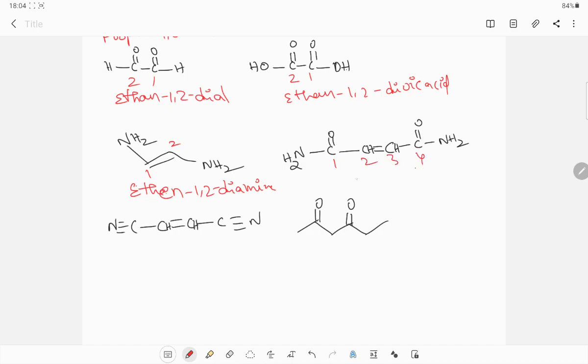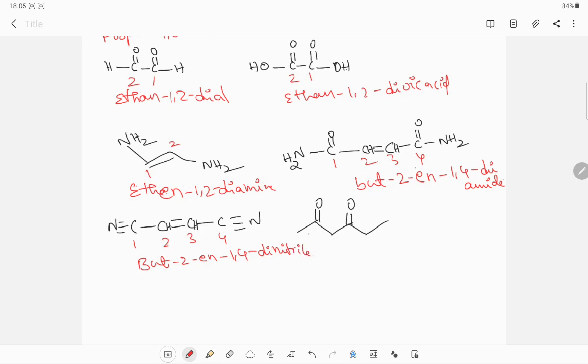But-2-ene, the primary suffix is the nature of the carbon chain, double bond at second position, that's why 2-en, and 1,4-diamide. Next one. 1, 2, 3, 4. Now next one, but-2-ene 1,4-dinitrile.